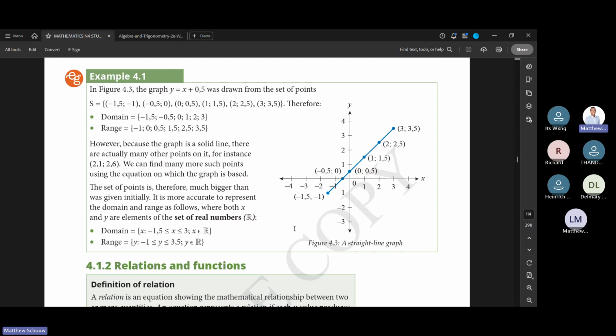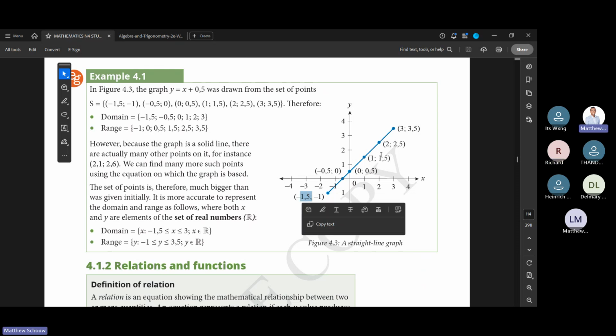Here they give you a case of what a domain and range is. Here we have a straight line. In this case, the X values start from negative 1.5 and end at around 3. I'm talking about this value and that value.